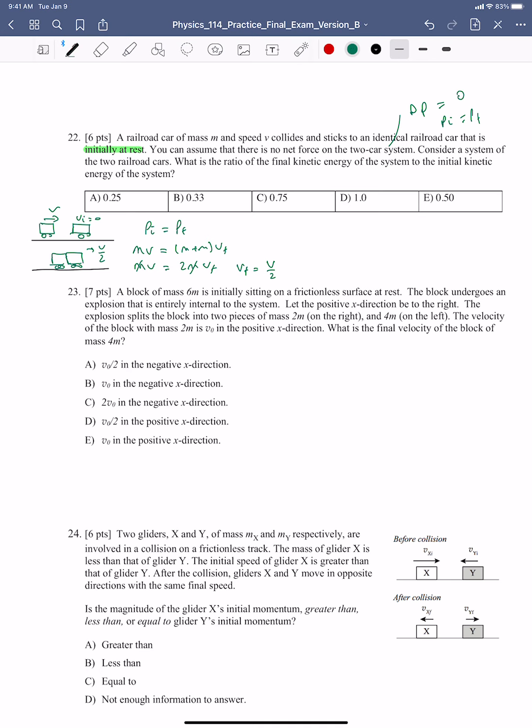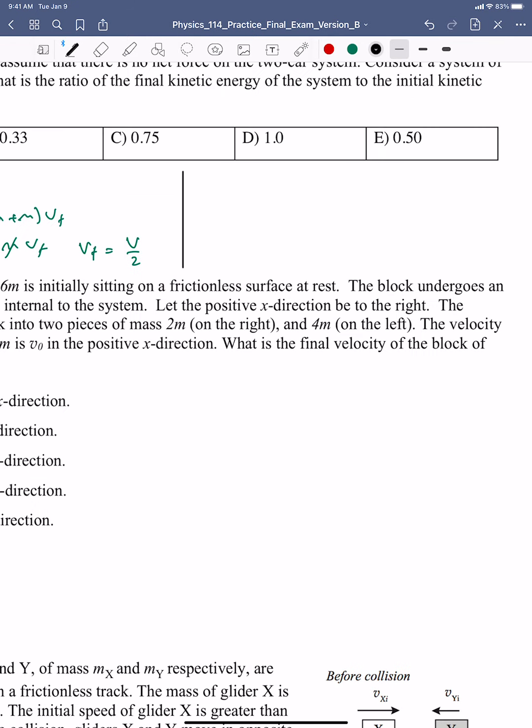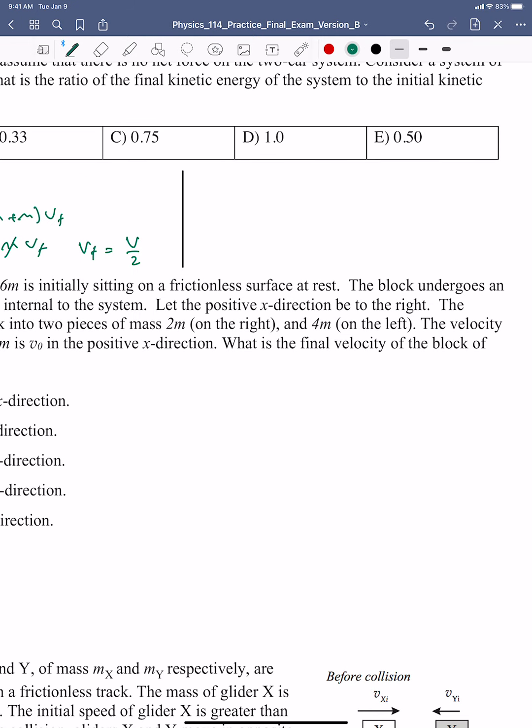So we're trying to calculate a ratio of the final kinetic energy to the initial kinetic energy, so Kf over Ki. So we're doing one half the total mass of the final. You have to think they're moving together, so there's double m, and they're moving with v over 2, all squared.